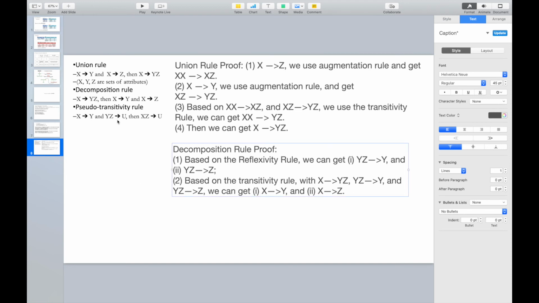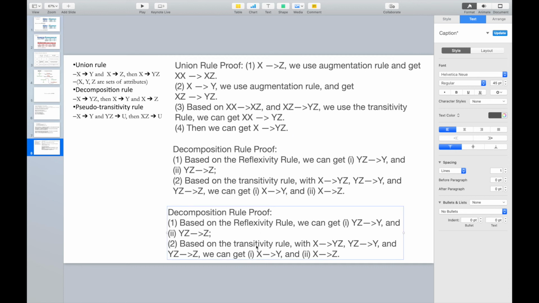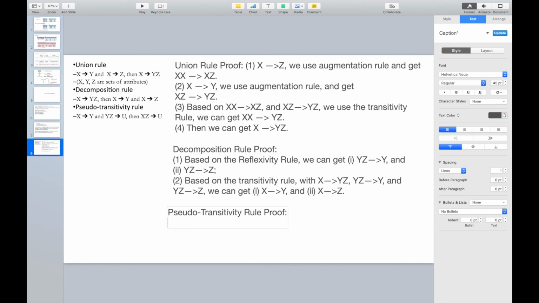How about the pseudo transitivity rule? How can we prove it? It should be easy. I think you have the proof in your mind or on your paper already. Let me also provide you with a proof for it.